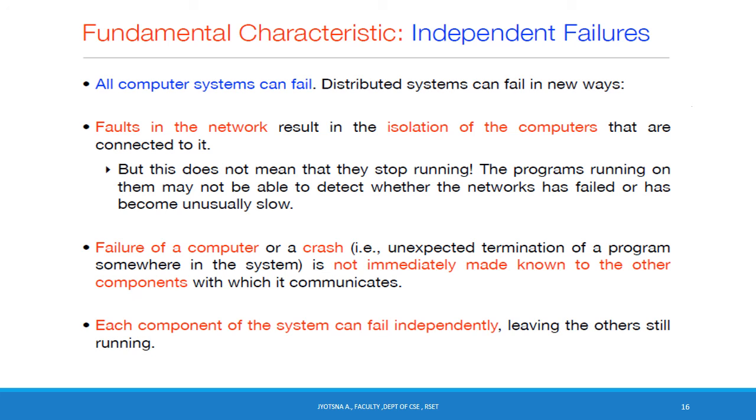Failure of a computer or a crash is not immediately made known to the other components with which it communicates. Each component of the system can fail independently, leaving the others still running. Features like replication and web server services make this possible.